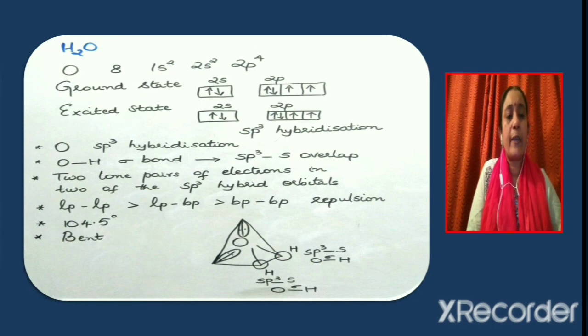Two of the lone pairs of electrons present in oxygen will be present in two of the sp3 hybrid orbitals. So here there will be lone pair repulsion, lone pair bond pair, as well as bond pair repulsion. So in order to minimize the repulsion, the orbitals will be oriented at an angle of 104.5 degree. Therefore, water molecule is bent shaped or V shaped.